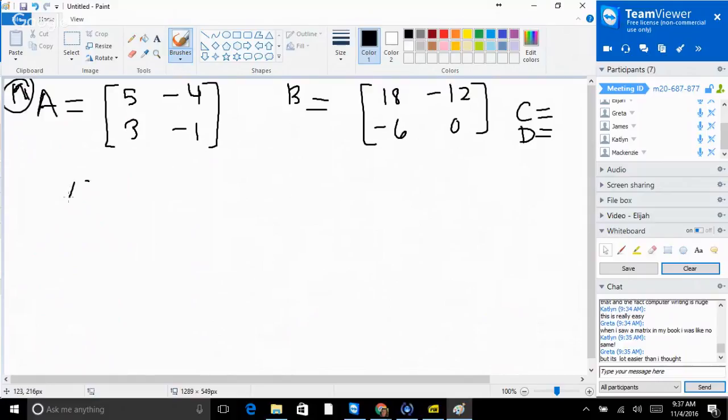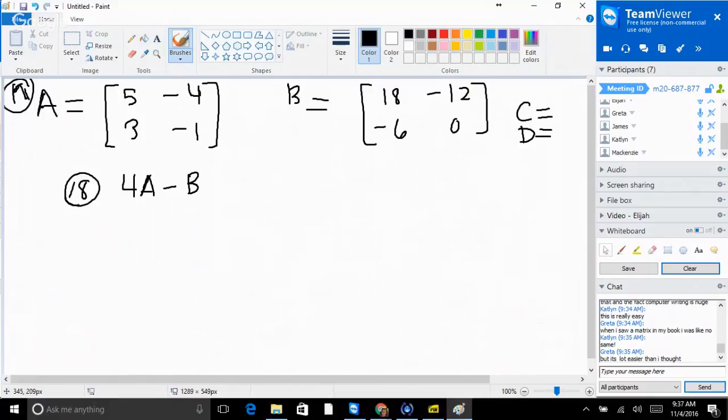Number 18 says use matrix A, B, C, and D to evaluate this expression. So they say A minus B. What I think is interesting about this is that this looks like our equations that we solve for x and y, right? And when we use x and y, we use a lowercase x and y. But when we use a matrix, we use capital letters. So that's one way that you can tell if you're using matrices or variables.